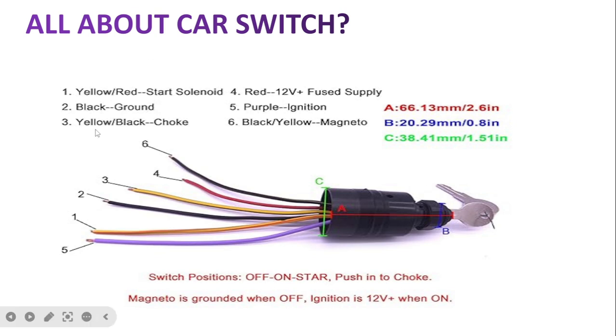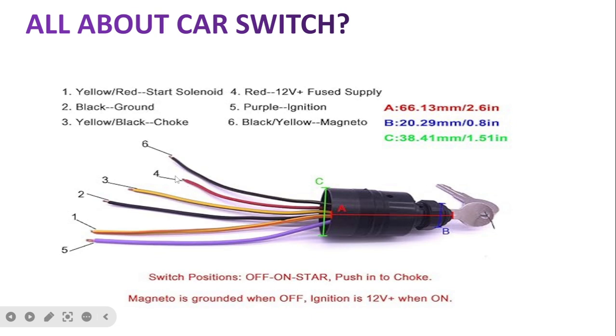The third one is yellow black choke. This is connected to the choke system. The fourth is the red 12 volt fused supply, which means fuses are connected to the positive side of the connection. This is the supply provided from the battery positive terminal.